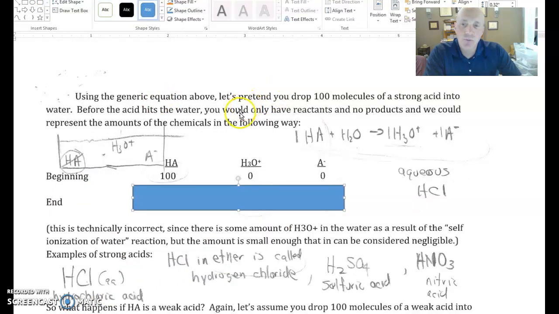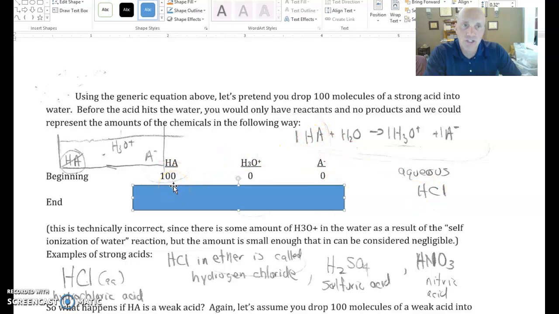So to describe what they mean by completely dissociating, let's again use the generic equation above. Let's consider what you would have in an acid before you add it to water versus after you add it. So let's say before, you take some of this HCl and drop it into water.